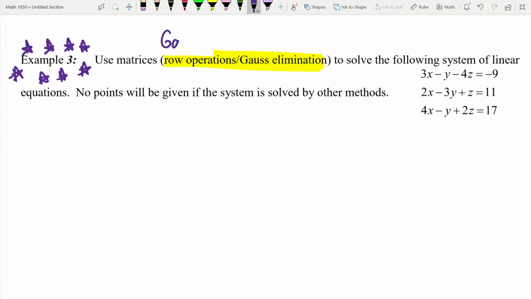Write this down. Please, you can use Gaussian or Gauss-Jordan. Gauss-Jordan is what we're learning today, which is where you have to go all the way to the identity. Gaussian is just the 3 zeros.